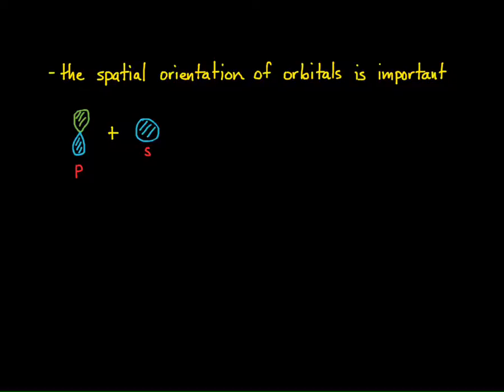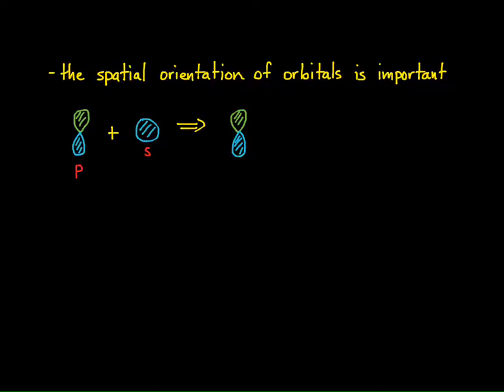A p orbital has two distinct signs to it, right? And I'm denoting those two distinct signs by color change. So one lobe is blue, the other lobe is green. Now, we need to understand that green can't interact with blue, okay? So when an s orbital approaches a p orbital, I can have really two types of possible interactions.